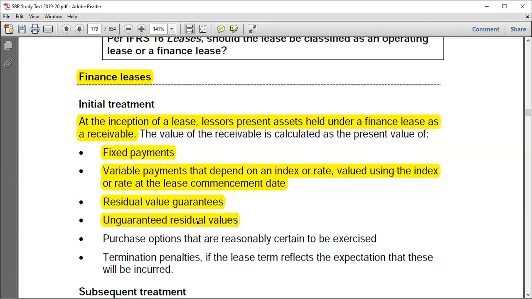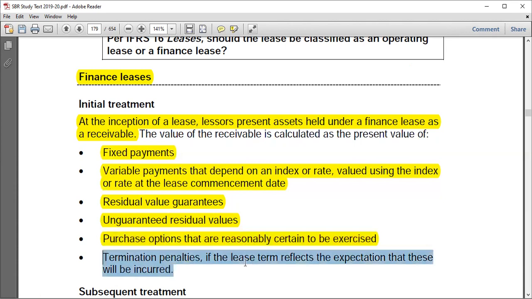Up to this point, only this figure does not appear under the lease liability component. Purchase options that are reasonably certain to be exercised were also there under the lease liability. Termination penalties, if the lease term reflects the expectation that this will be incurred. Did you just see this?